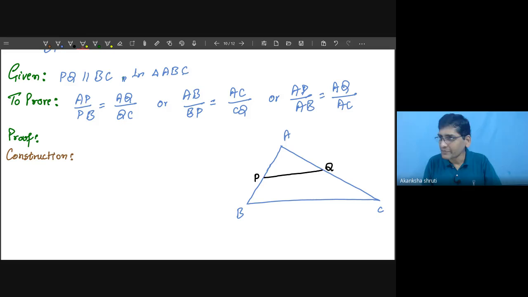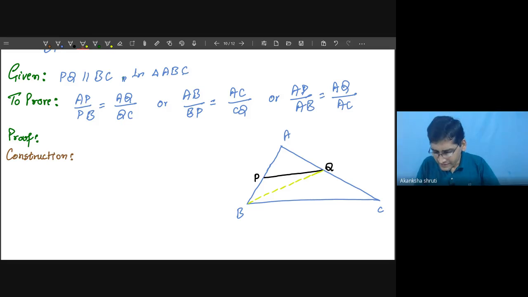For that we need the perpendicular. Then the area of the triangle which contains the side PB. For that we need to join. This theorem is based on the area of triangle, so that we can get the ratio.